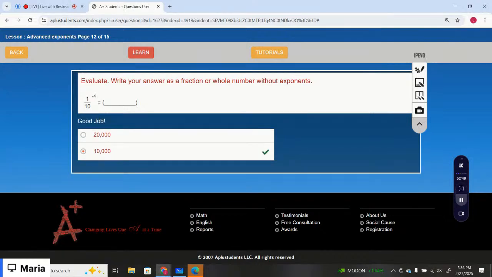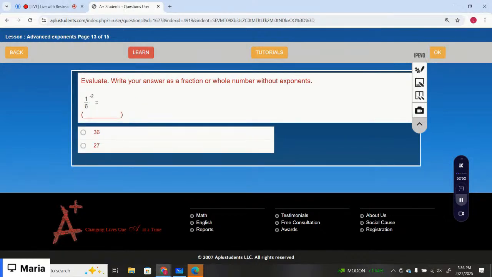Option number 2 is the correct option. That is 36.